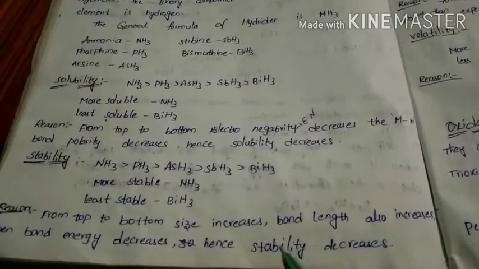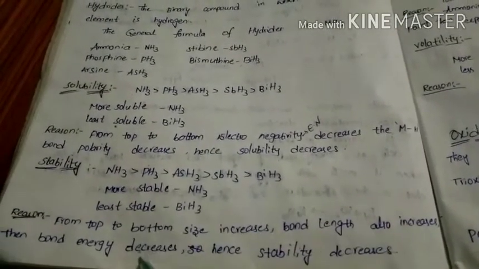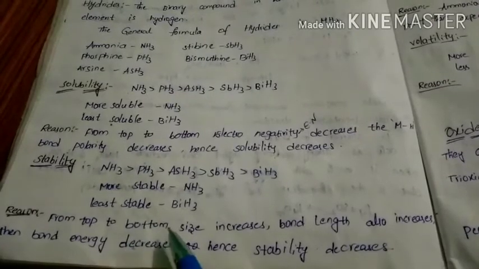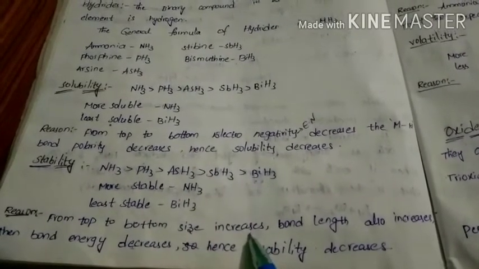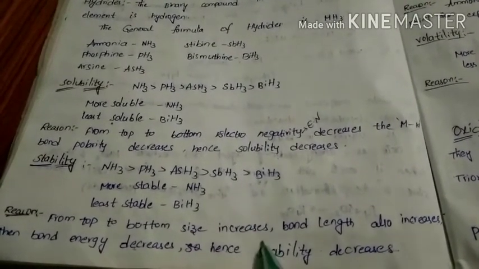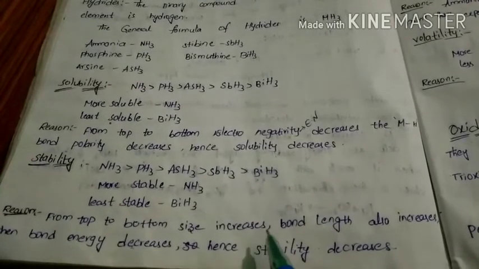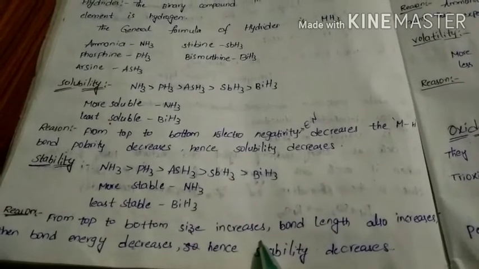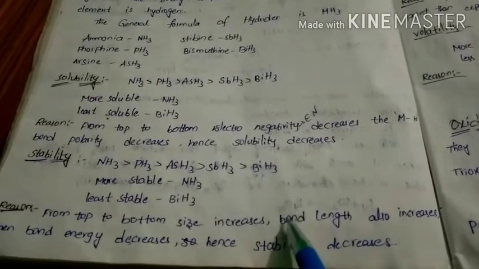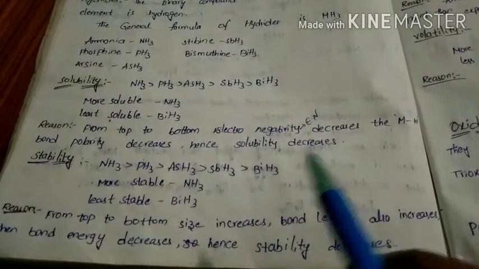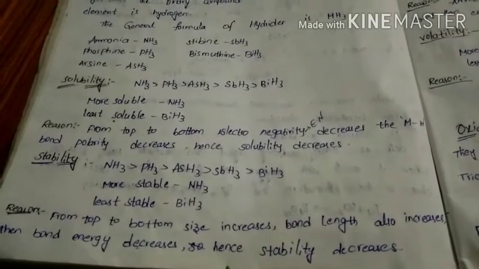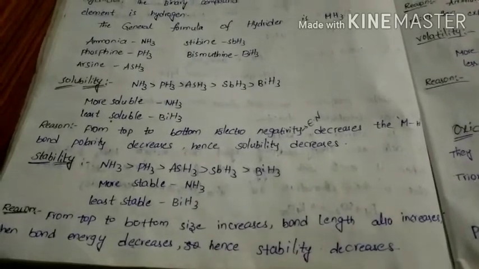How can we say this? From top to bottom, size of the central atom increases. If the size of the central atom increases, then that atom forms a longer bond. If bond length increases, bond energy decreases. If bond energy decreases, then stability also decreases.